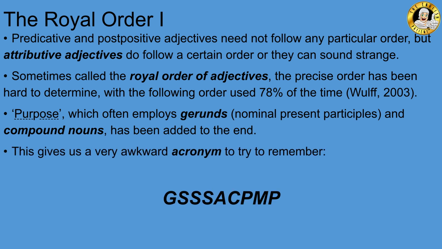Now, this great research does end up with a very awkward acronym for us to try to remember. GSSSACPMP. Not many people are going to actually remember that. It's not exactly a catchy acronym.